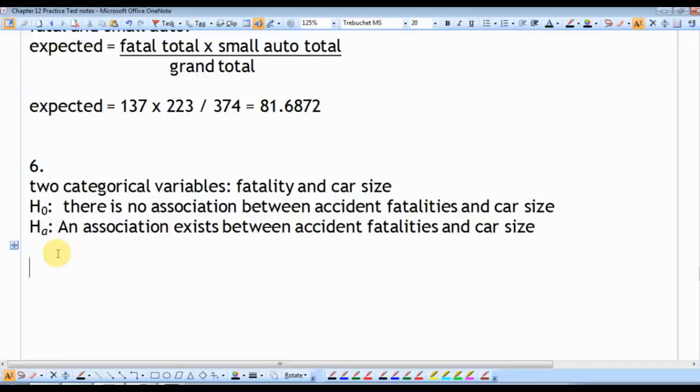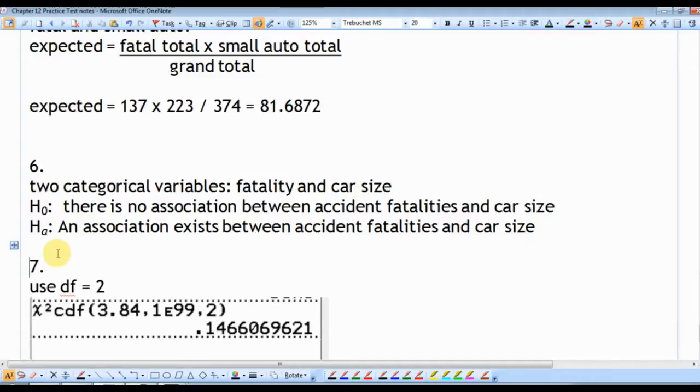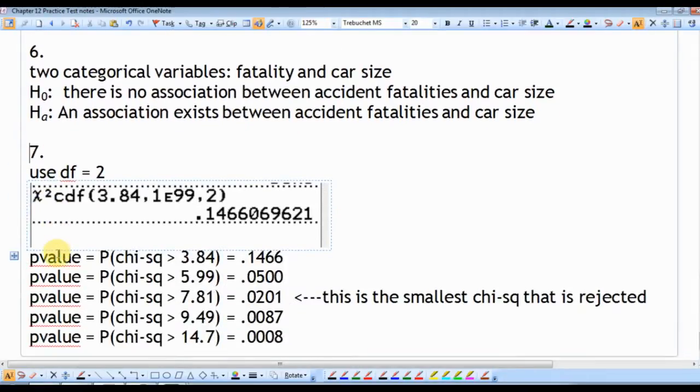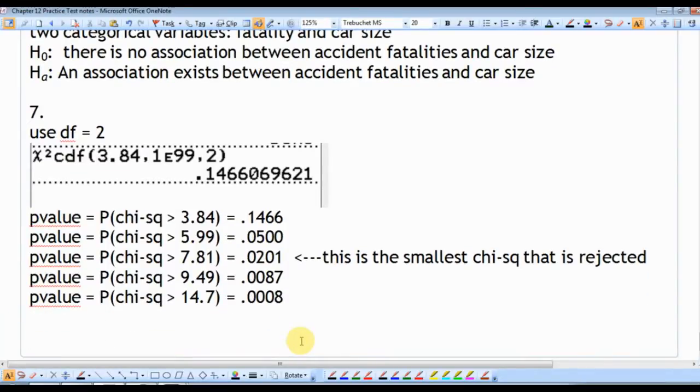Question 7, we kind of looked at in class. So we're looking at all the p-values that are created from these chi-square test statistics, and we're trying to find the smallest one that will lead to a rejected null hypothesis.